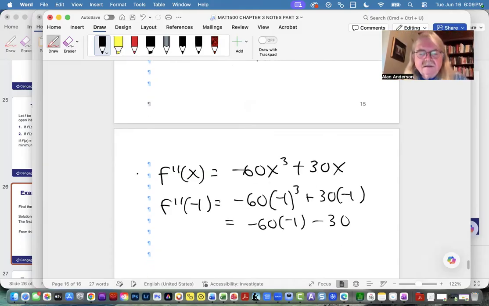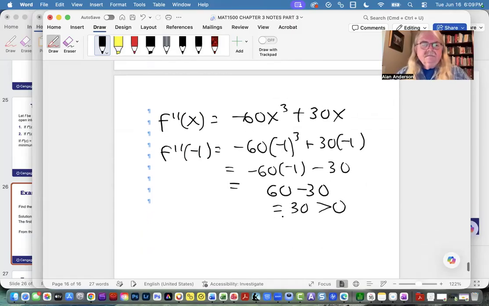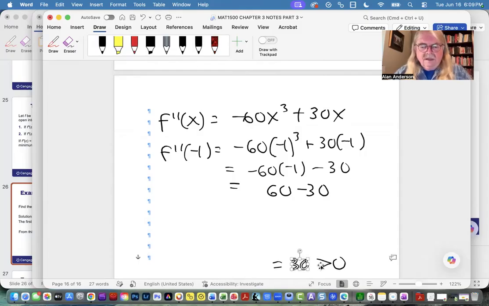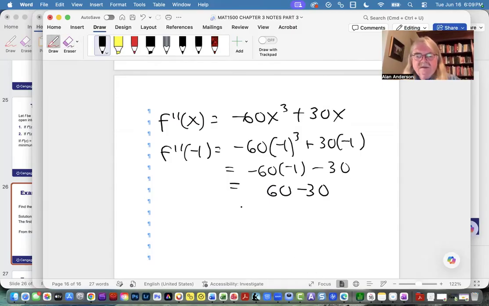So that's going to be 60 minus 30, positive. I'll just do that again. All right, so this one's positive. Then we'll do the same thing for 0. Now 0 is very obvious.